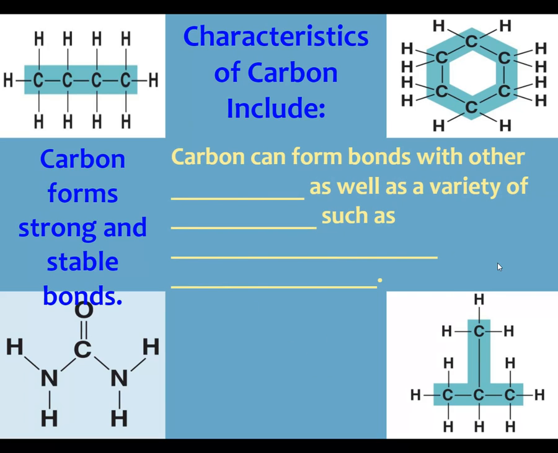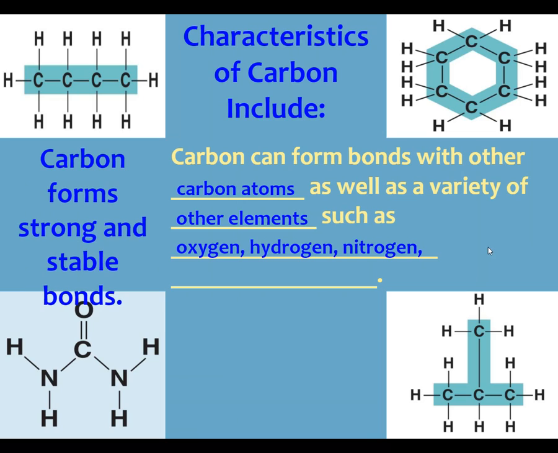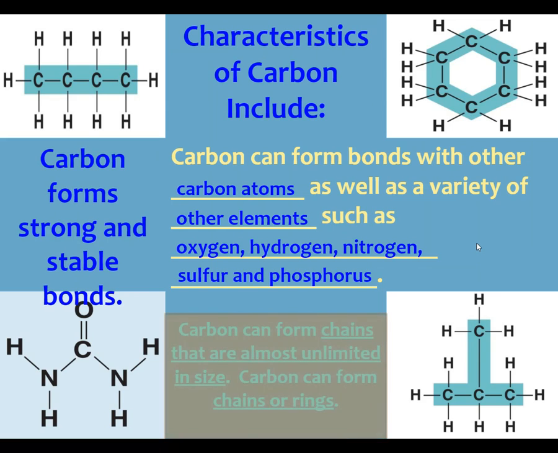Carbon can form bonds with other carbon atoms as well as a variety of other elements such as oxygen, hydrogen, nitrogen, sulfur, and phosphorus. Carbon can form chains that are almost unlimited in size. Carbon can also form rings, so it can form chains or rings.